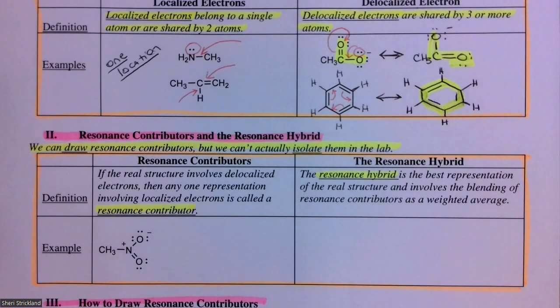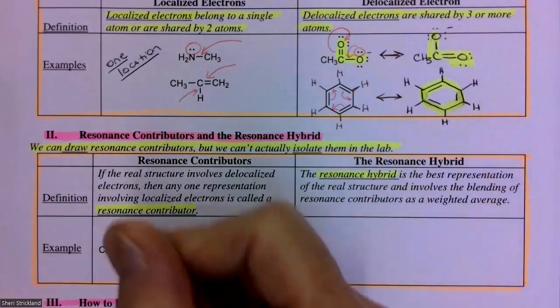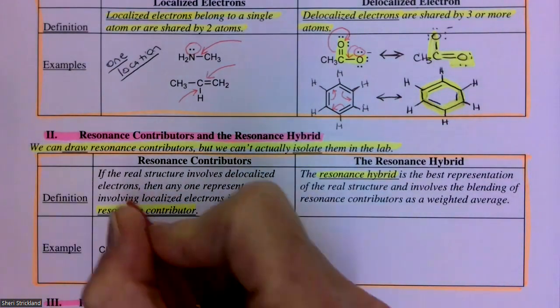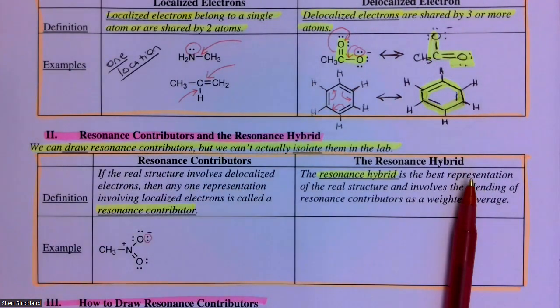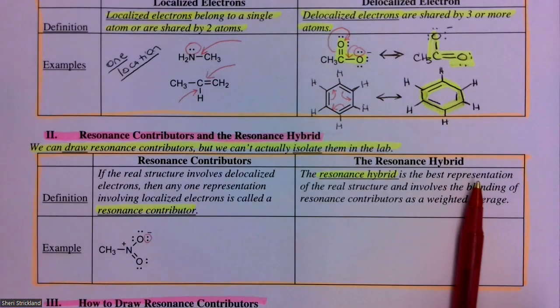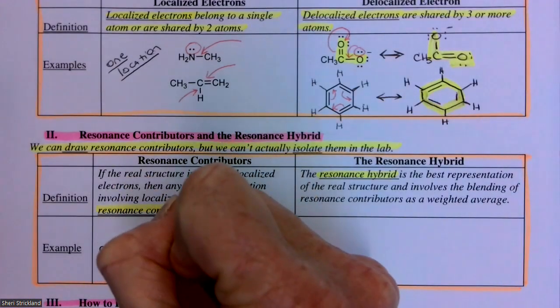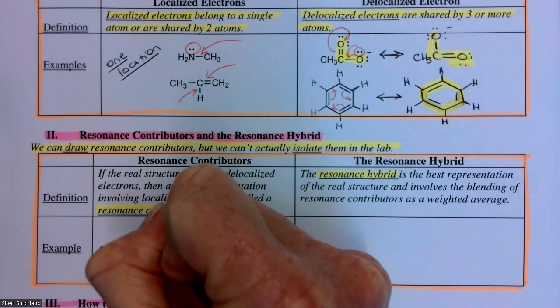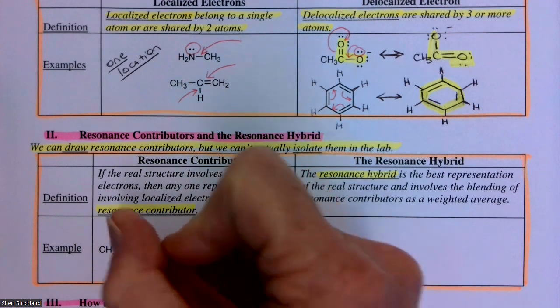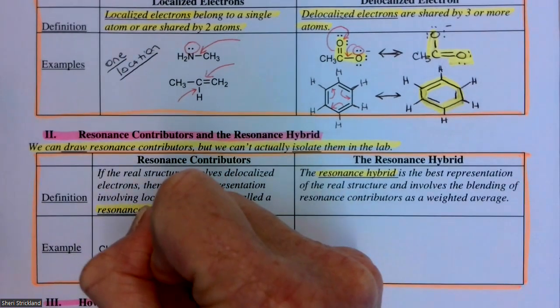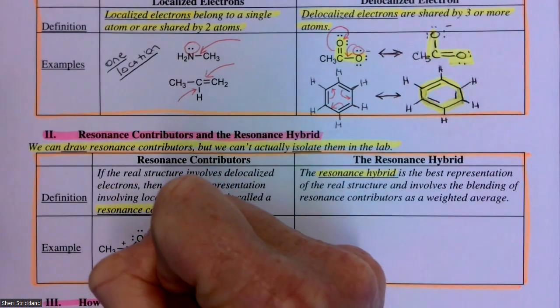And you can do that for lots of other things. This is nitromethane. In nitromethane, if I move this pair of electrons down here to change this nitrogen-oxygen single bond to a double bond, then I have to move something away from the nitrogen.